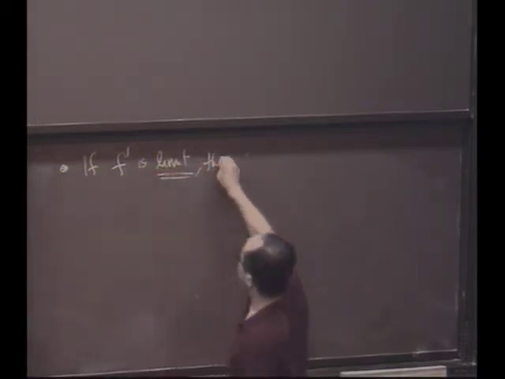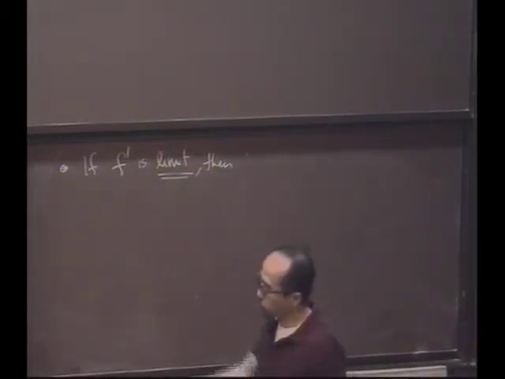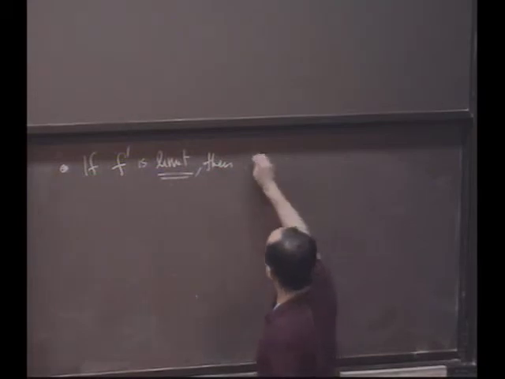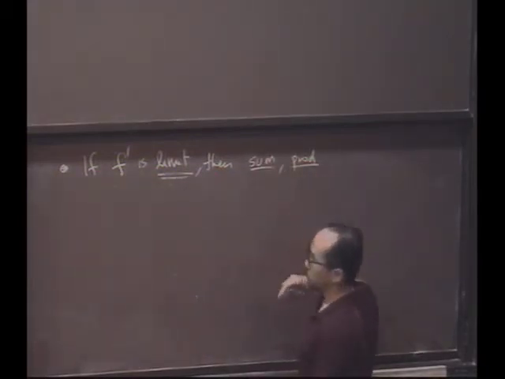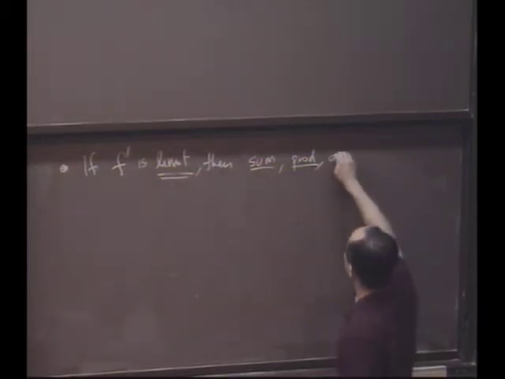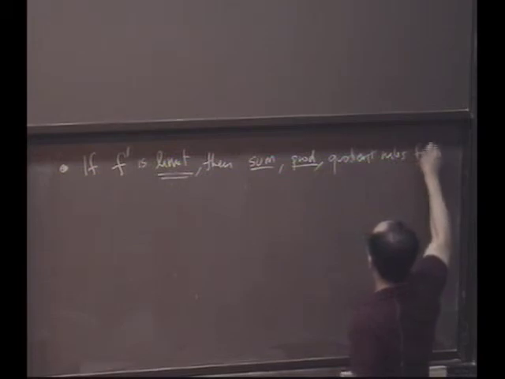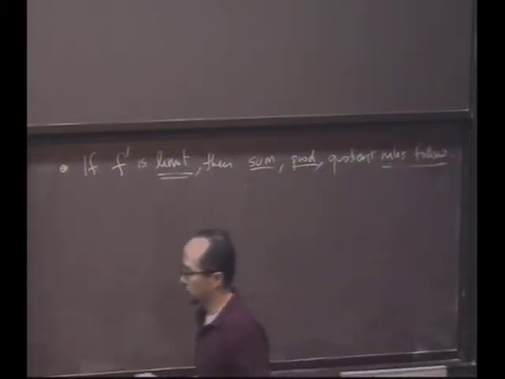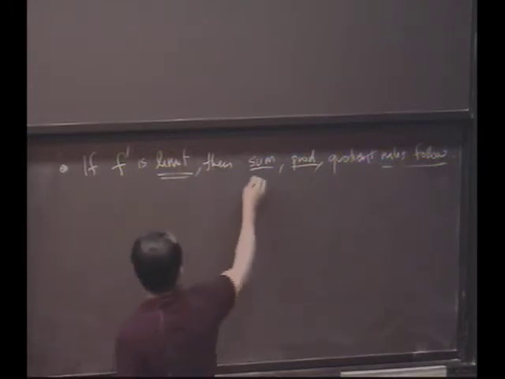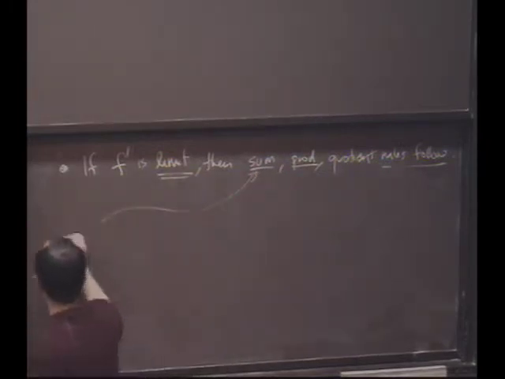Then I claim it follows from properties of limits of functions a lot of the rules that you're familiar with. Then you have the sum rule for derivatives and the product rule and the quotient rule. They all follow. And I'm not going to do these all.